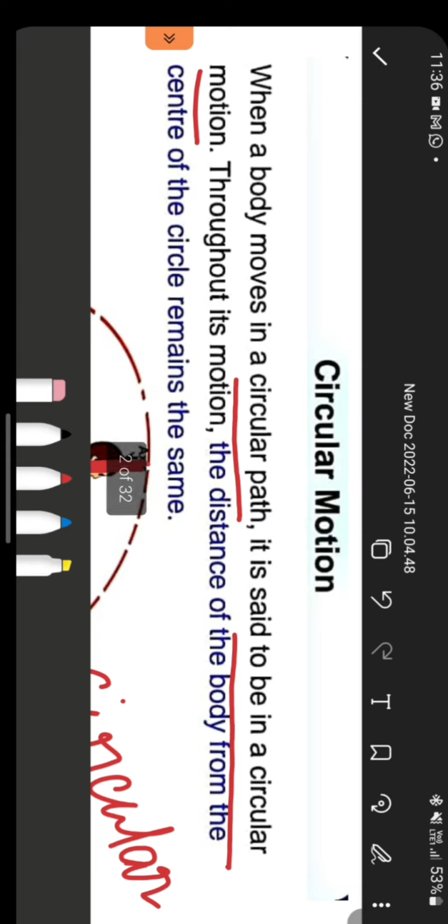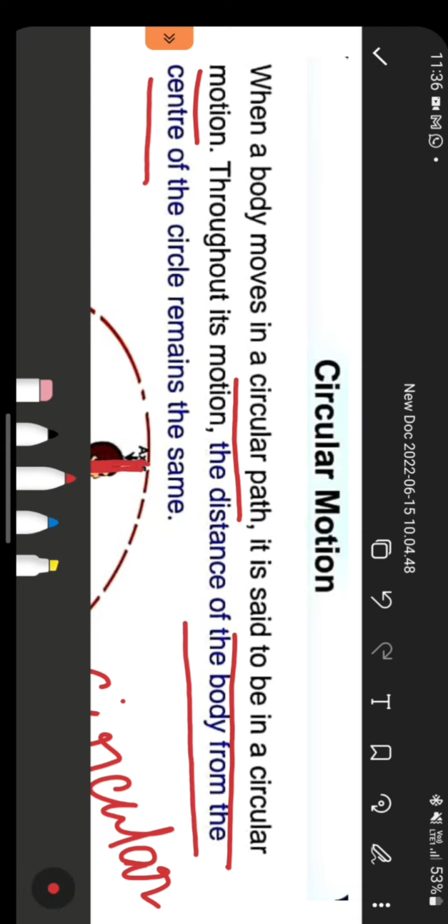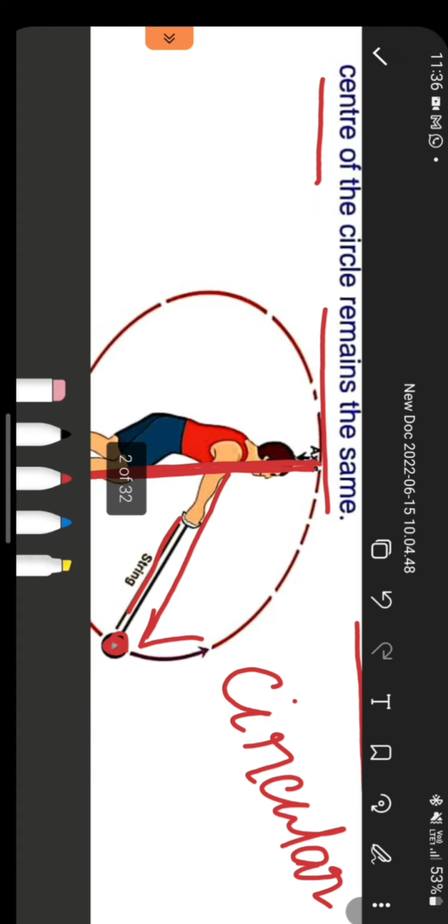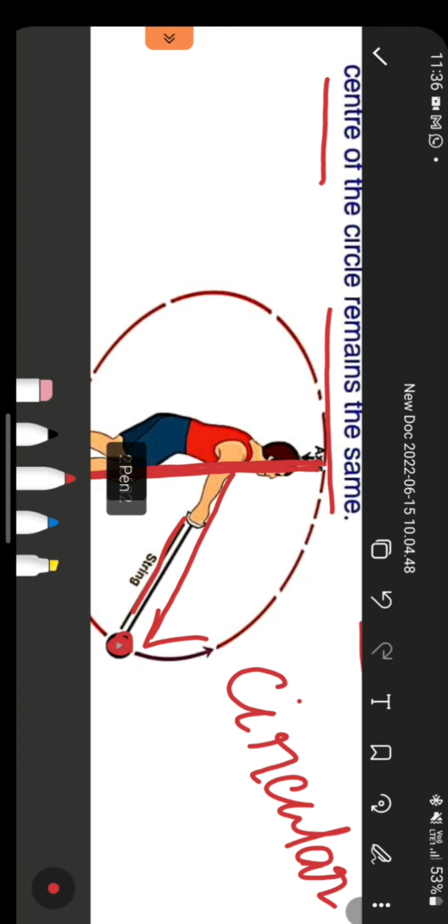Throughout its motion, the distance of the body from the center remains the same. That means the distance between the axis, the center, and the stone along the string always remains the same.